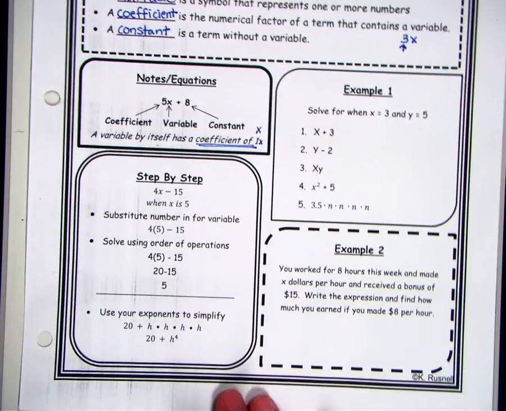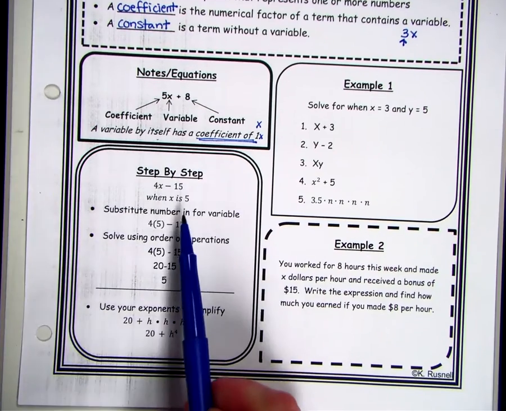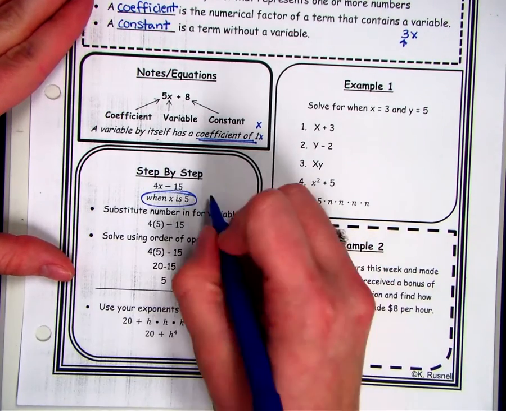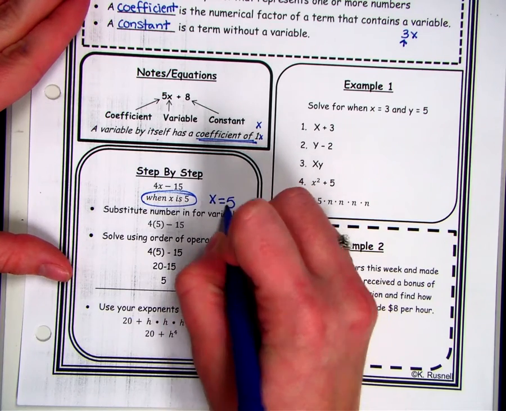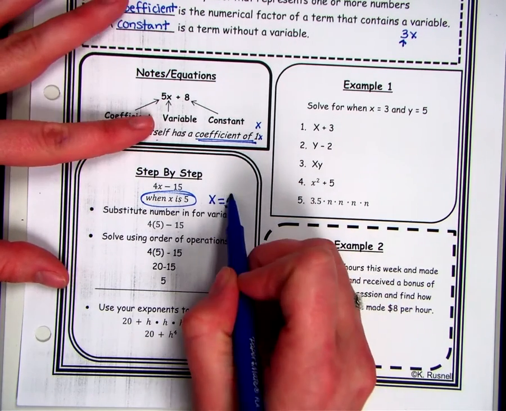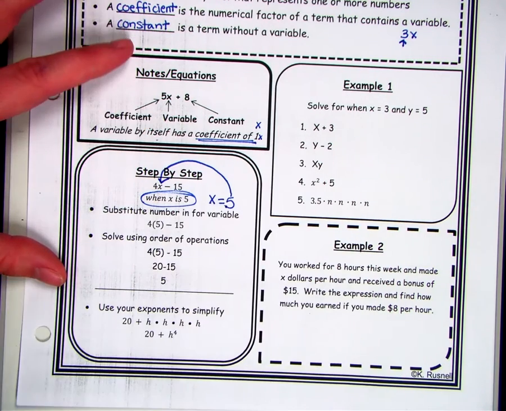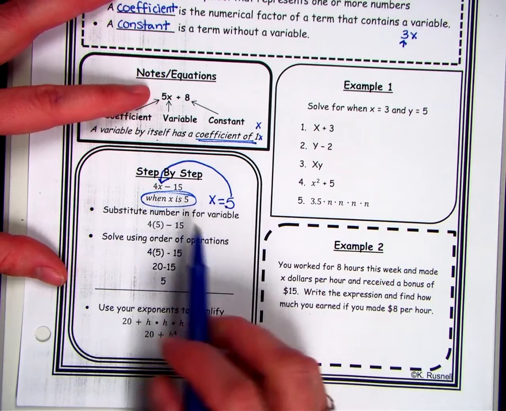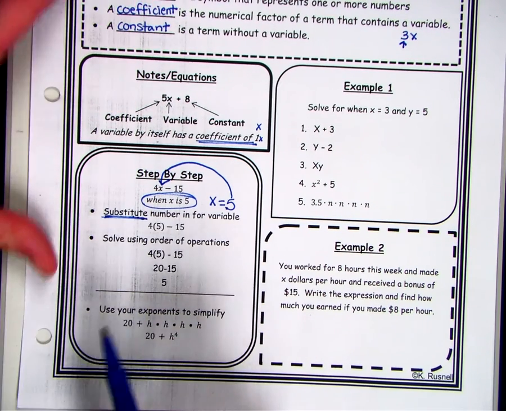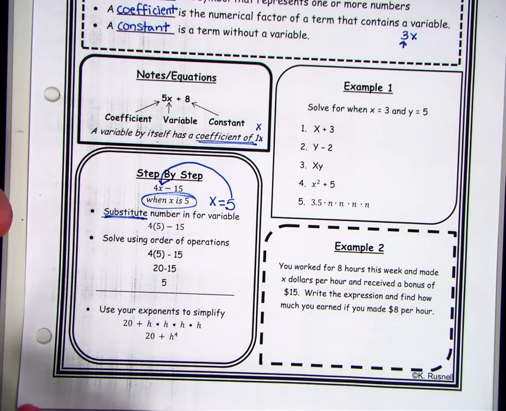Little step-by-step guide and notes today says 4x minus 15 when x is 5. Very important. When x is equal to 5, we want to solve it. So what this looks like is we put this 5 right in for x. We take the x out and we put the 5 in. So we substitute it. Remember, if there's a substitute, a teacher is gone. So if I substitute a number in, the variable is gone.